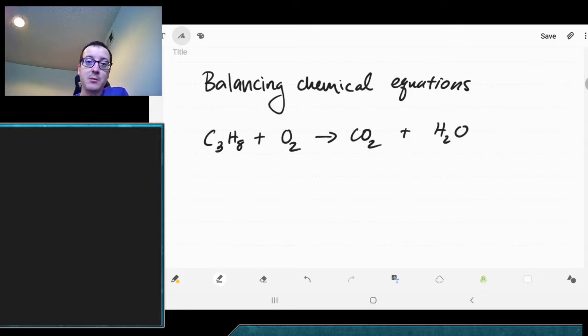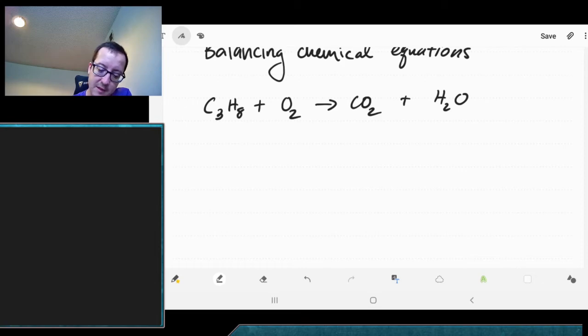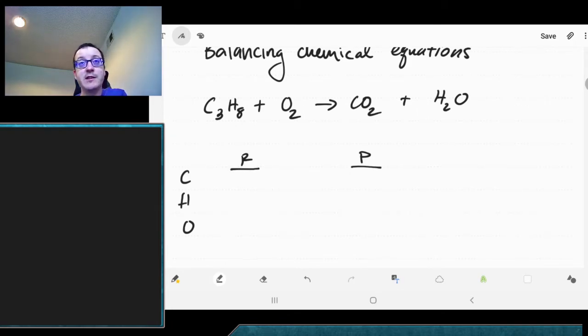We do have oxygen in multiple places on this particular reaction, and that makes it just slightly more difficult. So when you're balancing a combustion reaction, it's best to leave oxygen to last because it's going to be the more complicated one. But we're going to see that we can go ahead and do this, and I'll show you a few tips and tricks we can use to make these a little bit more manageable.